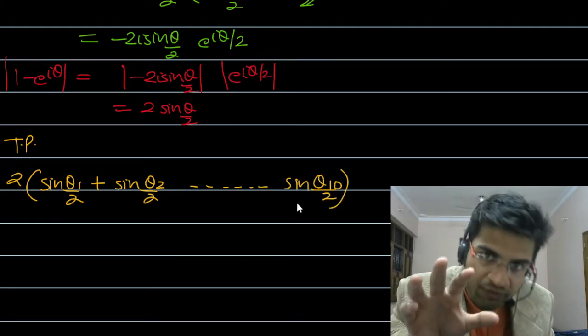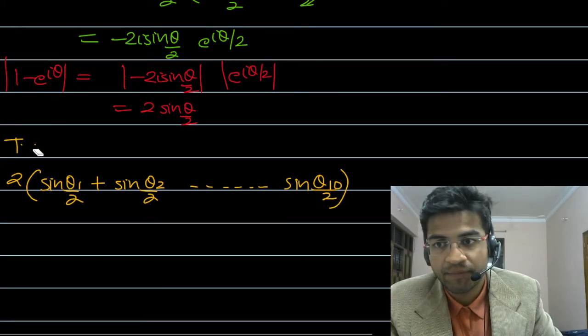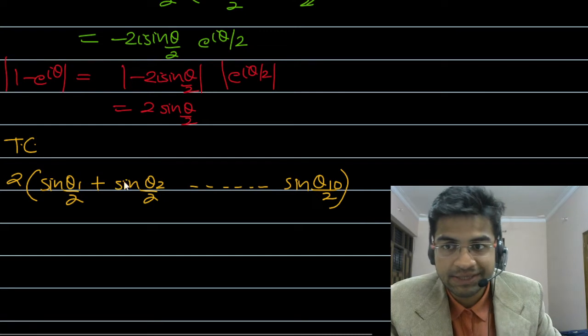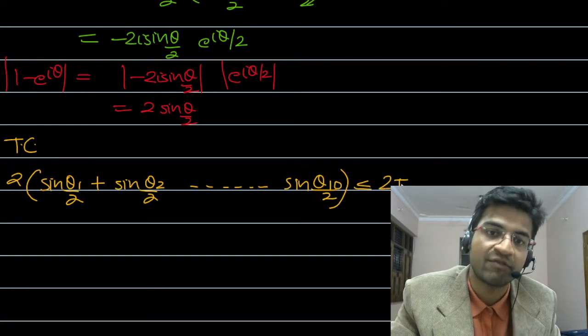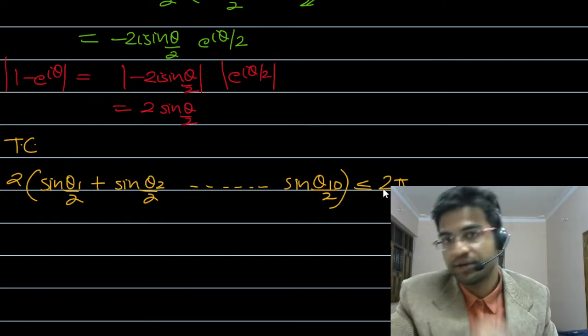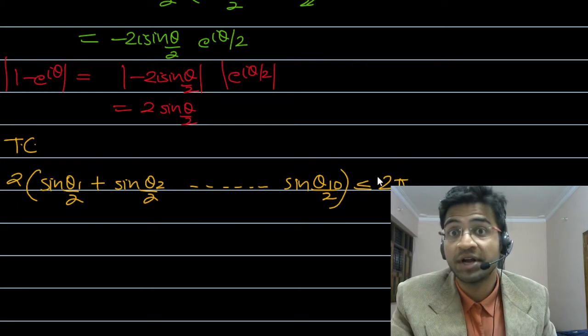We have to check whether this sum has maximum limit as 2 pi. How to go about it? How to comment whether its maximum limit is 2 pi or not? It is a difficult, tricky question.